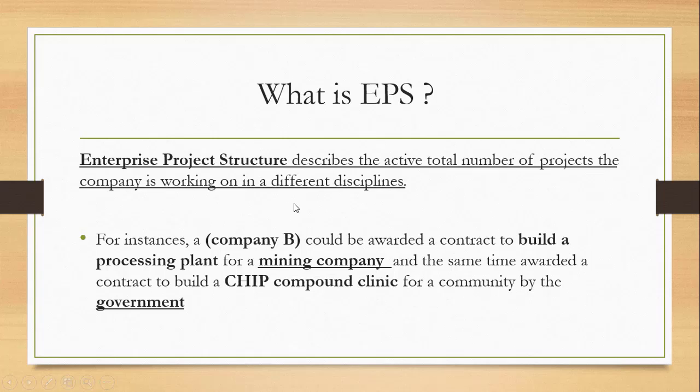So the processing plant and the cheap compound clinic tell the total number of active projects that the company is working on.